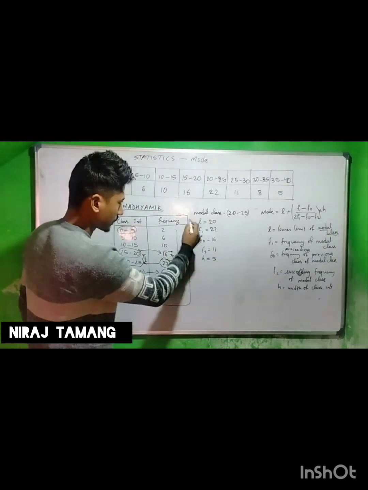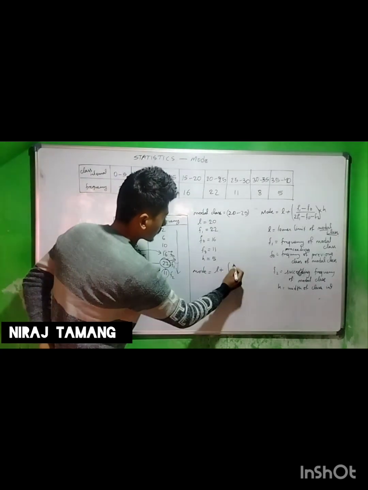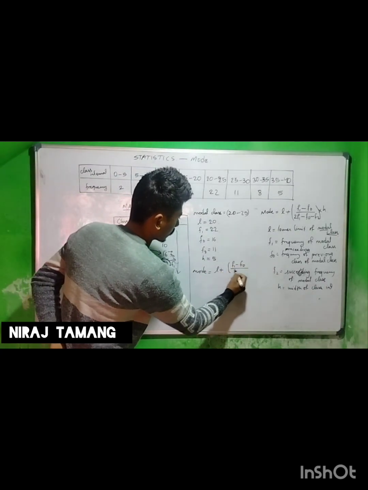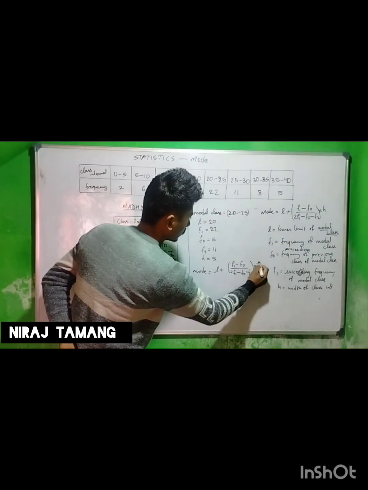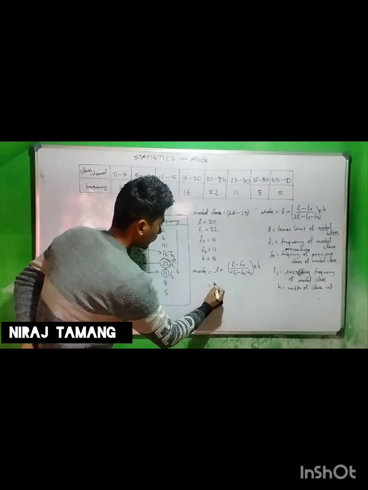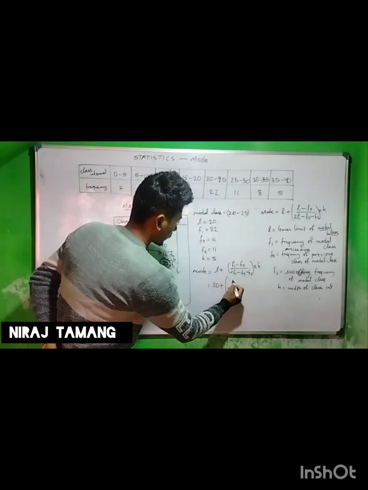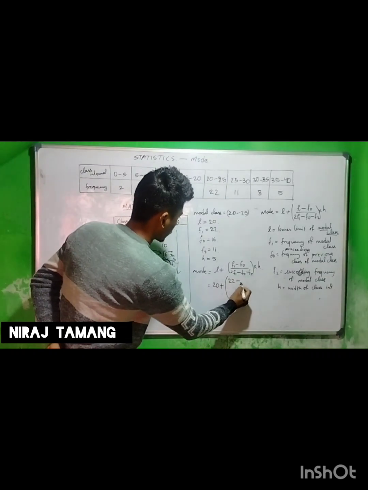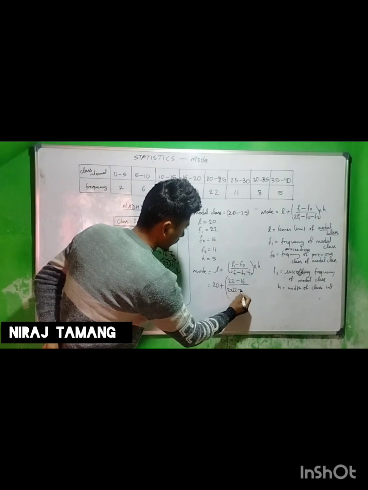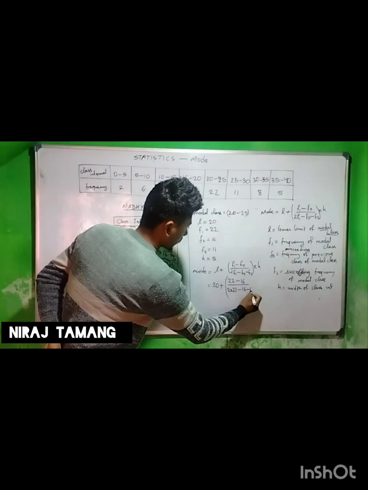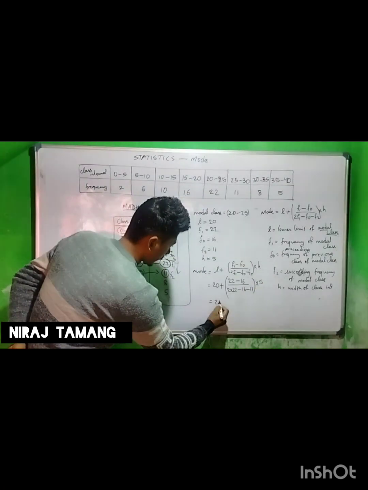Let's put these values in our formula. To find the mode, we have L plus (F1 minus F0) over (2F1 minus F0 minus F2) into H. L is 20, F1 is 22 minus F0 is 16, over twice of F1, 22 minus 16 minus 11, into 5. Let's simplify this.